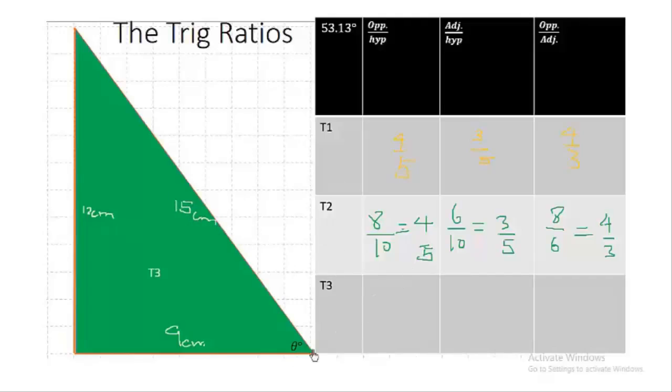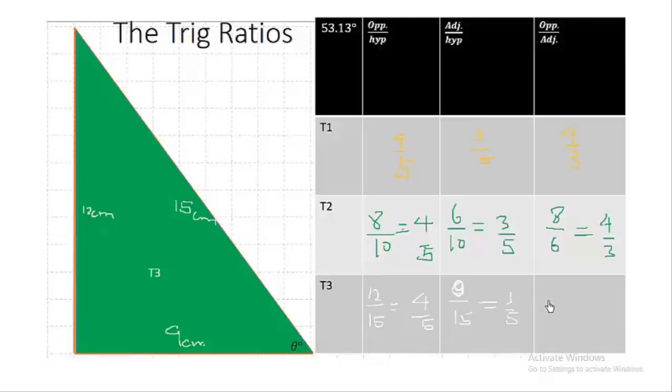Now we take the ratio again, opposite over hypotenuse. So this is the angle, the opposite is 12 centimeters over the hypotenuse, which is 15, and this will still simplify to 4 over 5. Then also adjacent is 9 over the hypotenuse 15, and this will simplify to 3 over 5.